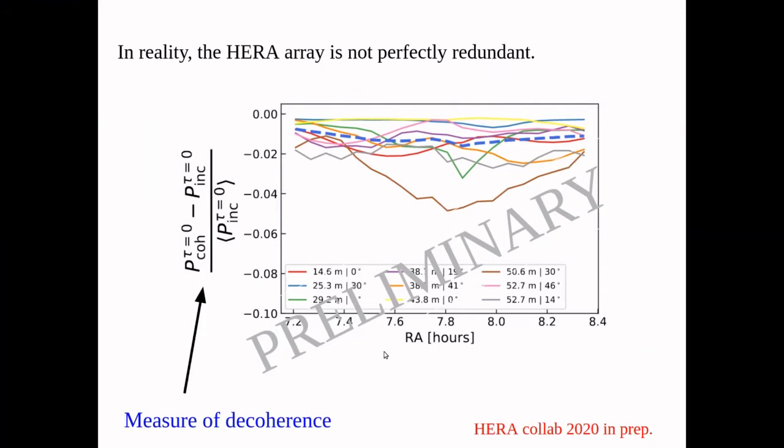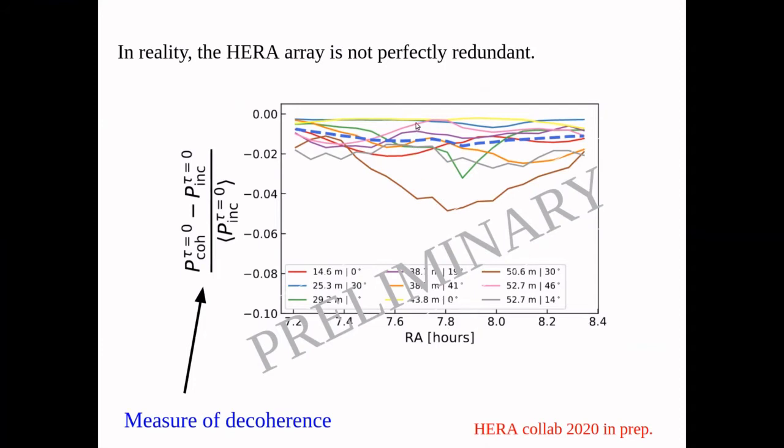There are other realistic effects where the interferometer is not perfectly redundant. Here the y-axis shows the measure of decoherence, which is basically a measure of non-redundancy, as a function of the time of observation, basically the LST range.